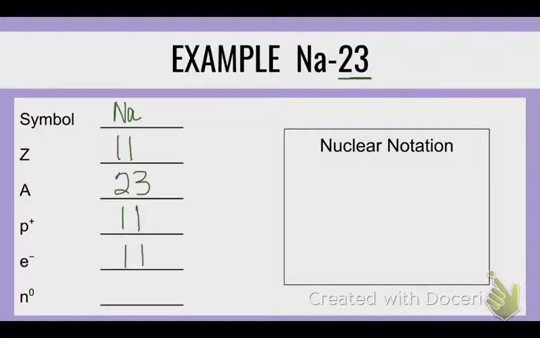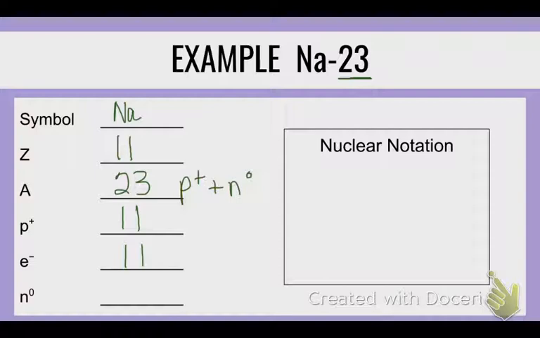Now the number of neutrons I could determine by taking the mass number, because the mass number equals protons plus neutrons. And so I could take the mass number and I could subtract the number of protons, and I would determine the number of neutrons.